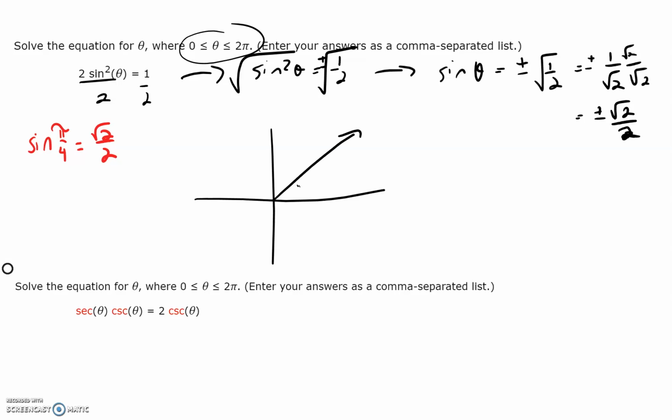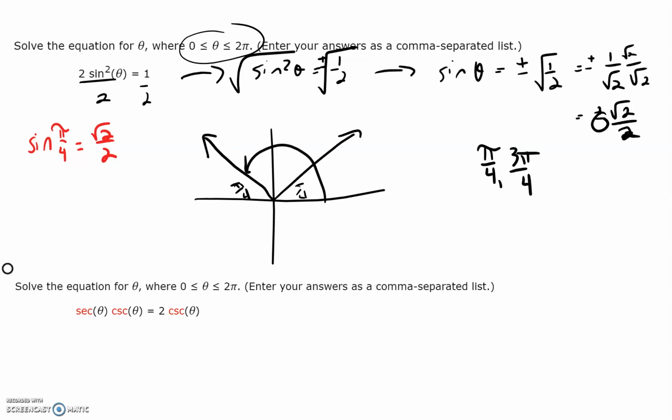So here's the pi over 4, but that also happens again here, this angle with reference angle pi over 4, right? Sine's positive there. Those are my 2 positive answers. So that should be 3 pi over 4, right? That's 3/4 of the way to pi. So that's pi over 4, 3 pi over 4.